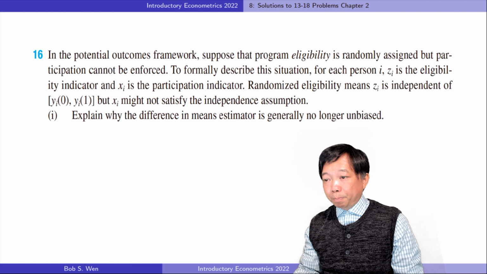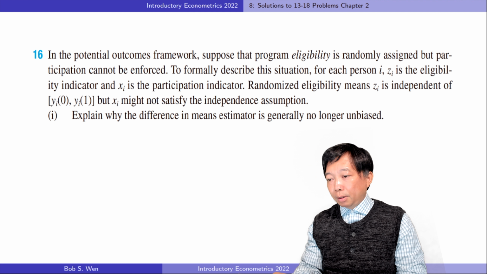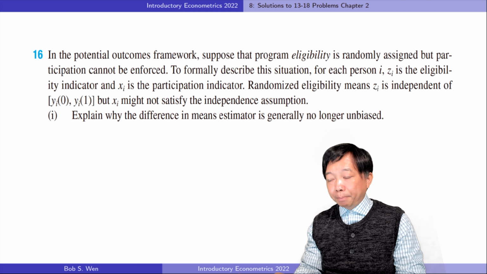Randomized eligibility means Zi is independent of the outcome in each state, but Xi might not satisfy the independence assumption. The first question is to explain why the difference in means estimator is generally no longer unbiased.